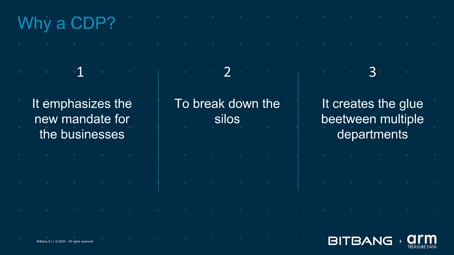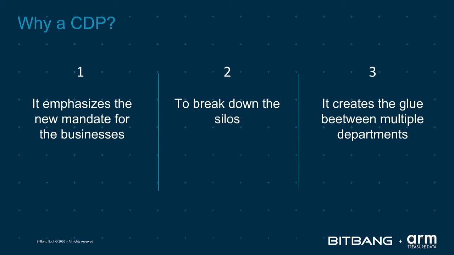Also, when I try to emphasize the meaning of breaking down the silos, I not just mean breaking down the data silos. I mean also breaking down the organizational silos. So organizational alignment is very important for making the CDP use cases effective, and relying on cooperation among different teams is very important.